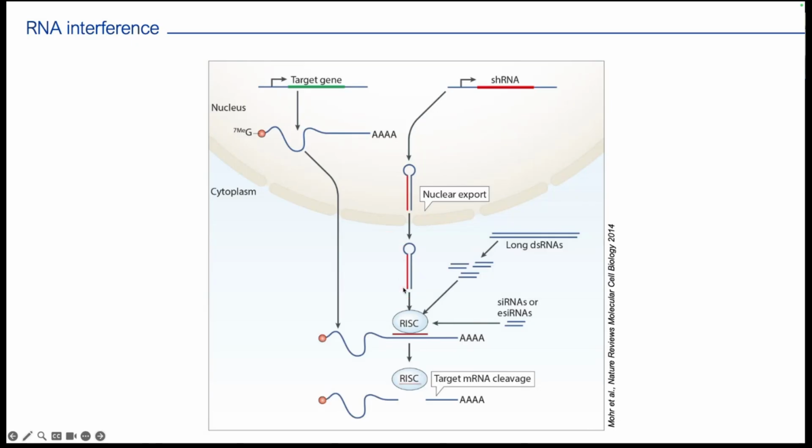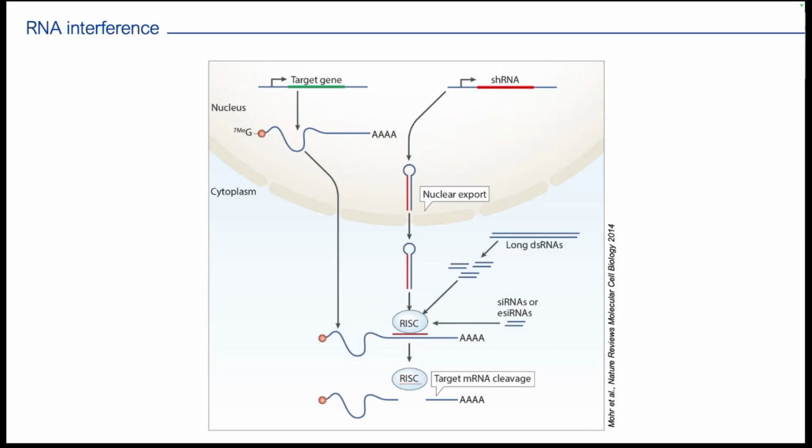Okay, so a couple of points that I wanted to make here that are important. The RISC exists in the cells, not for us to do gene silencing, but because it's part of the microRNA machinery, right?